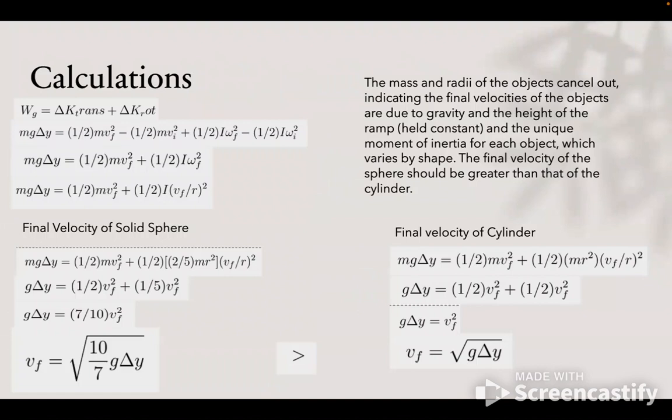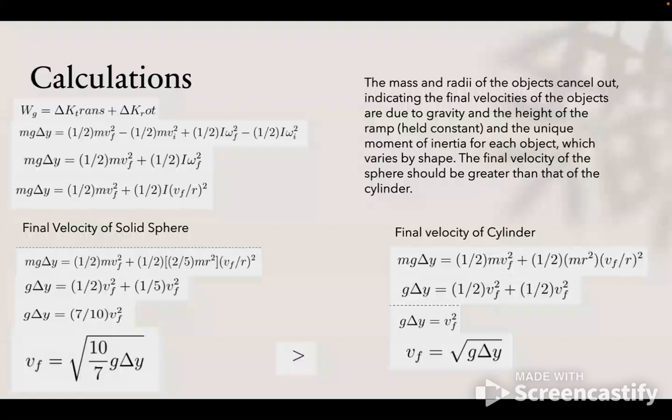So I did some calculations. The work done by gravity is equal to the change in translational plus the change in rotational kinetic energy. The work done by gravity can be rewritten as mass times gravity times delta y, which is change in height, and that's going to equal 1/2 mass times velocity final squared minus 1/2 mass initial velocity squared for translational, plus 1/2 I omega final squared minus 1/2 I initial omega squared, which is the rotational.